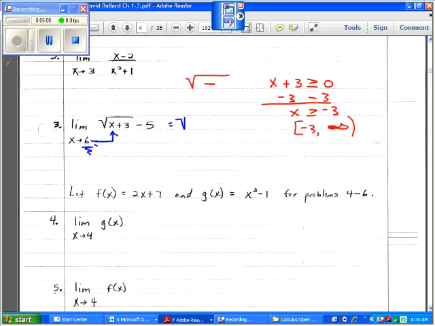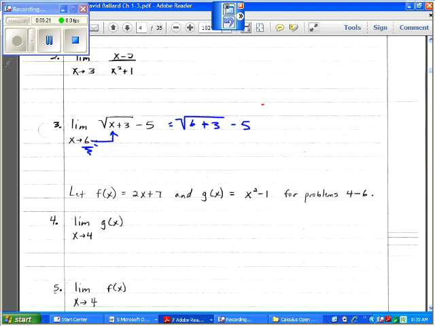So we're going to have the square root of 6 plus 3, and then minus 5. I'm having trouble with my pluses and minuses. I'm going to remove the domain work over here just because we should have. And so we're going to have square root of 9 minus 5, which is 3 minus 5, which is negative 2.